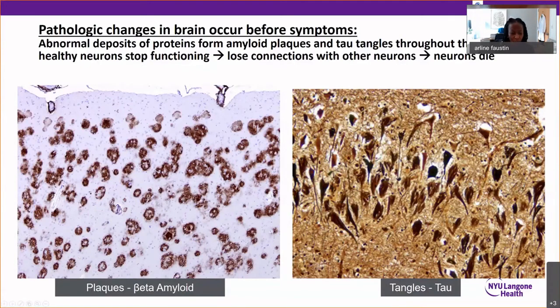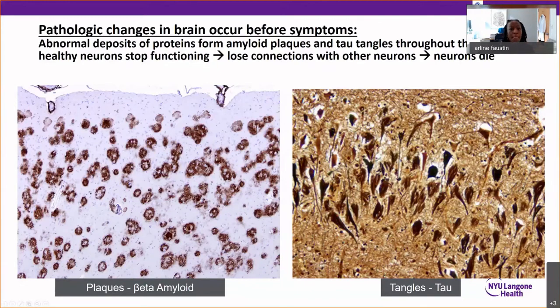Now, I'm sure you've heard of these terms. And what they are, they are abnormal deposits of proteins, and they basically burden your brain. They're found throughout the brain, and the problem is that the brain is not able to get rid of them. So it's not clearly defined whether the brain is not able to adequately get rid of them or they're overproduced.